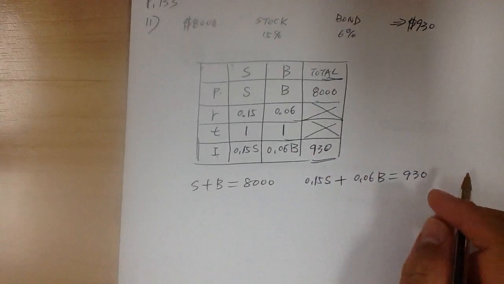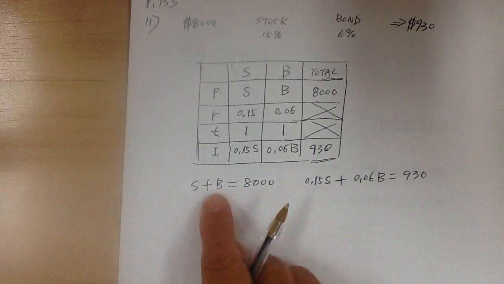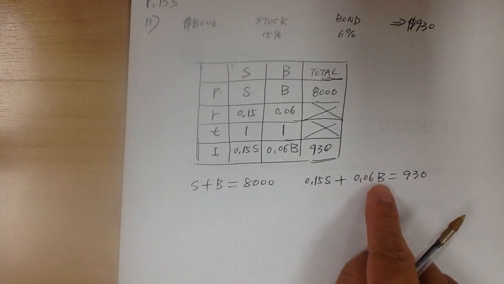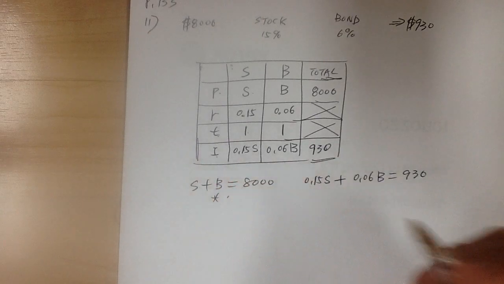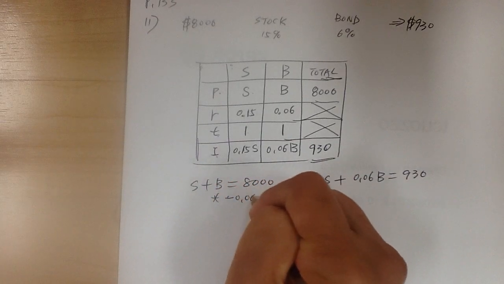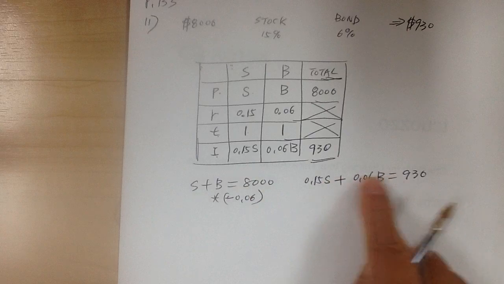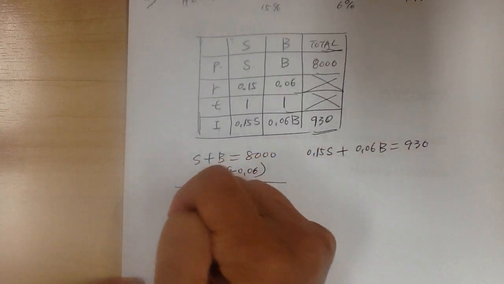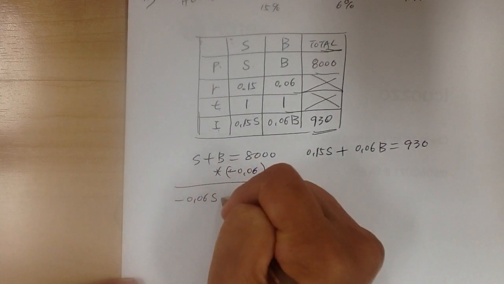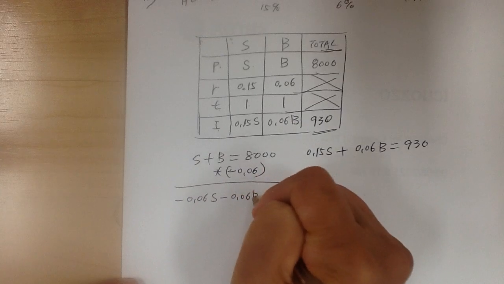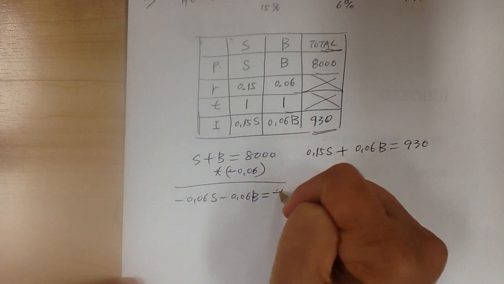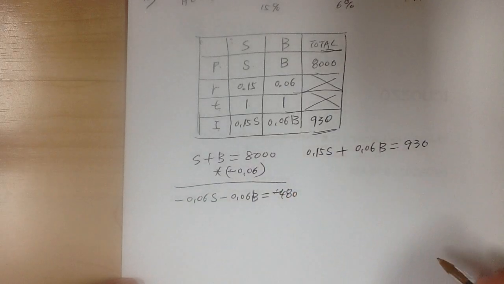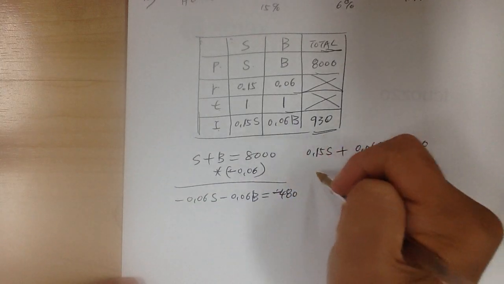It's easier if you eliminate the lower number. So I'm going to multiply by negative 0.06 to make the B opposite. So I get negative 0.06s minus 0.06b equal to negative 480. I'm going to put this under here.